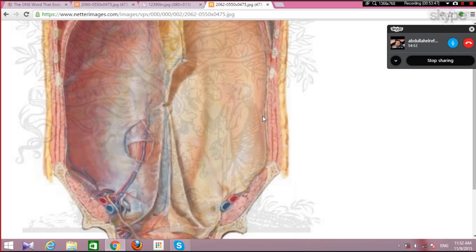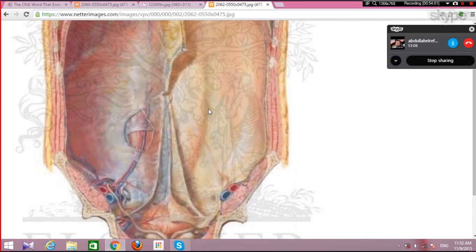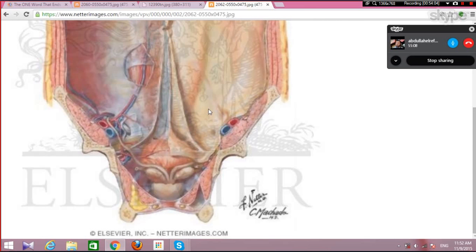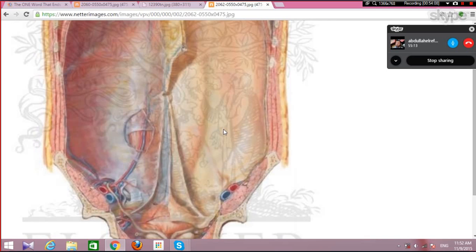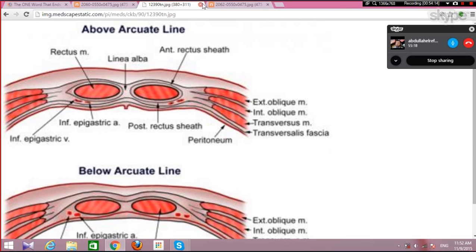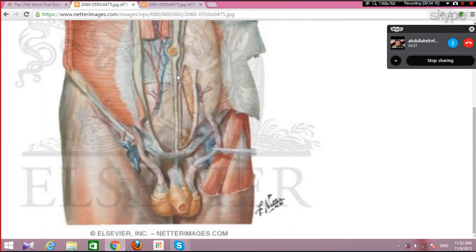These are the layers that we said: skin, superficial fascia, external oblique, internal oblique, transversalis fascia, endo-abdominal fascia, extraperitoneal fat. And what is this layer? This is parietal peritoneum, right? Okay, you're looking from inside. But in the cadaver, they cut it from the top, like they cut it from here.